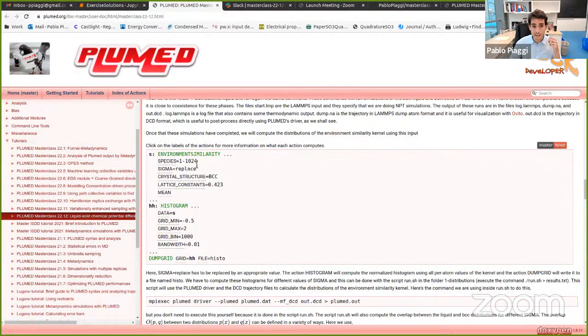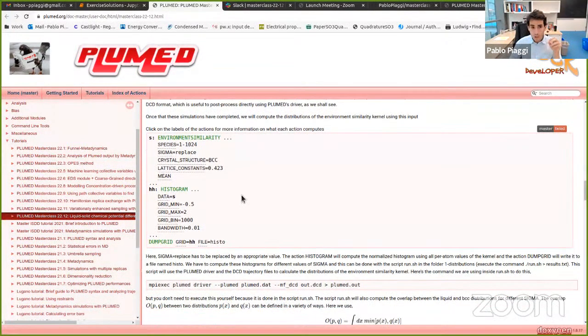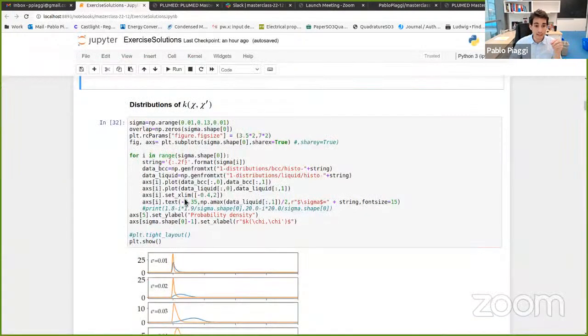It's done with this PLUMED input that calculates a histogram with the input being the kernel calculated by the environment similarity action. And then we're printing the grid with the histogram to this file histo. We're repeating this calculation for different values of sigma, and this is what I will show here in these plots.